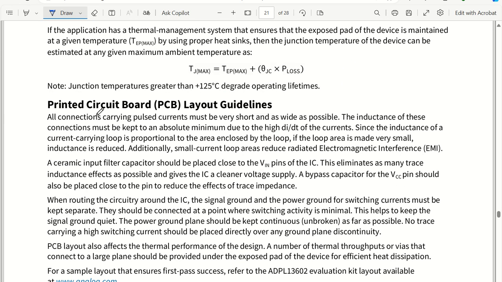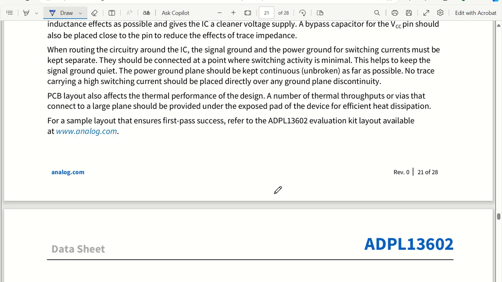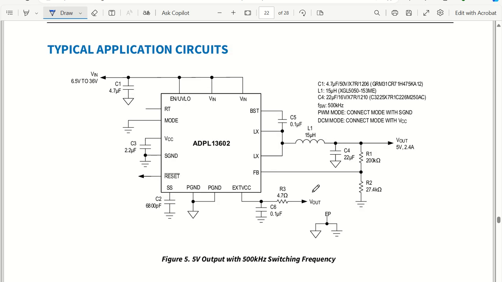Good. So we have also been given printed circuit board layout guidelines, like you have to have the input capacitor as close as possible to the input pin, and the output capacitor closer to the output pin. All that information is there, and you can read it while designing the layout to have a better electromagnetic interference design. Coming back to the typical applications, we have some 5-6 typical applications.